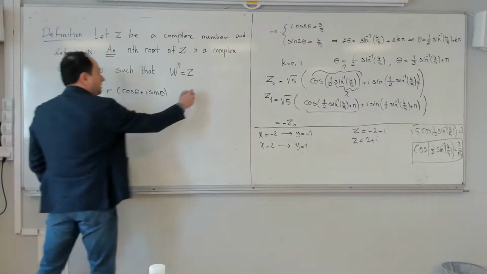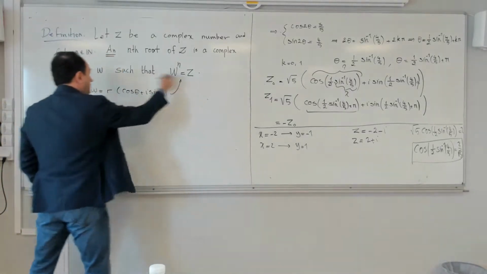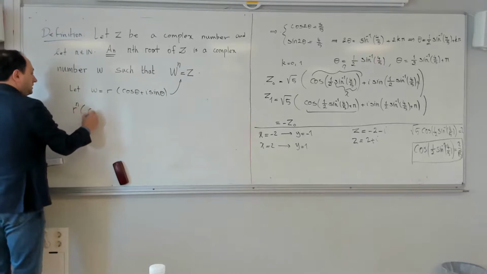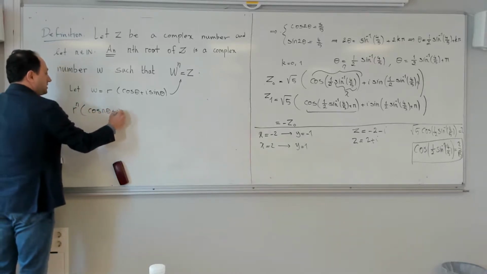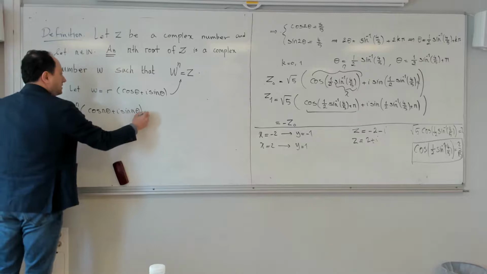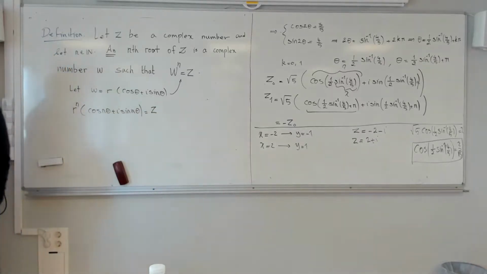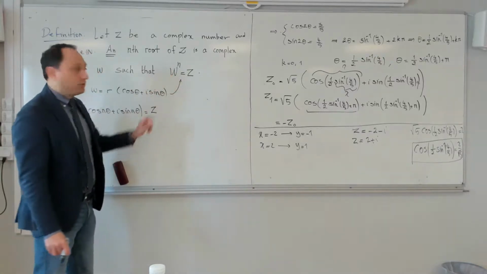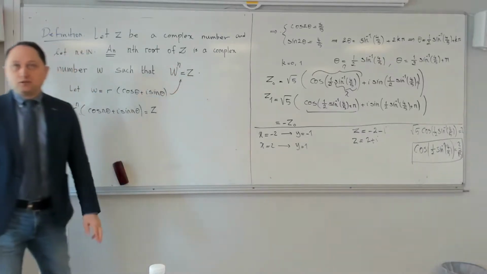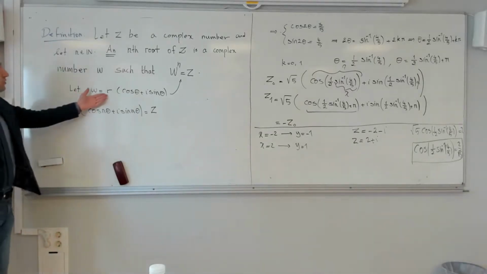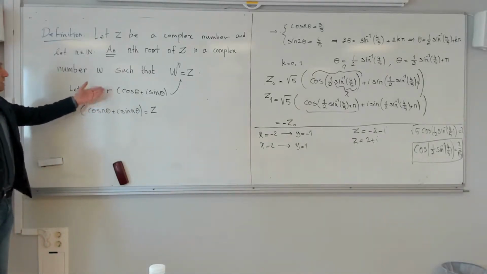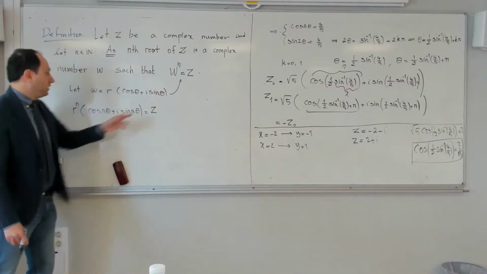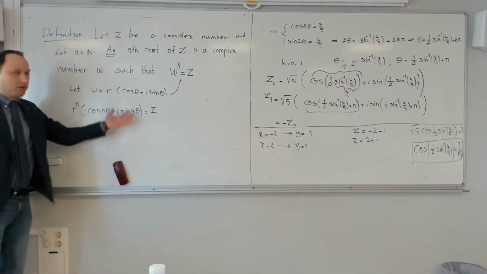My goal is to calculate W. I put it back into this equation, using the same trick, so it becomes R to the n times cosine n theta plus I sine n theta is equal to Z. My goal is to find the formula for all possible W's so that when I raise them to power n, it becomes equal to Z. I am assuming that W is this and plugging it back into this equation, and it becomes this.